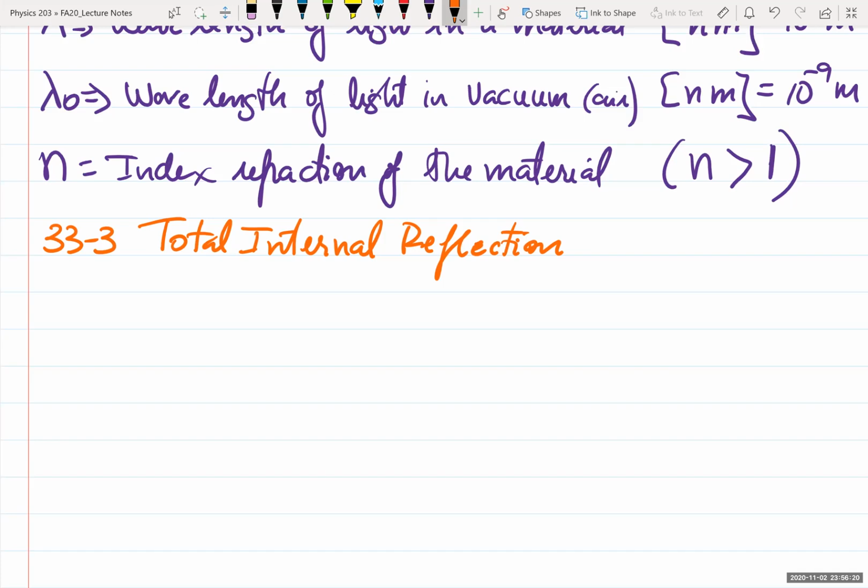Let's consider the case where the light is incident from a side with a larger index of refraction. So it's coming from a larger index of refraction to a smaller index of refraction.